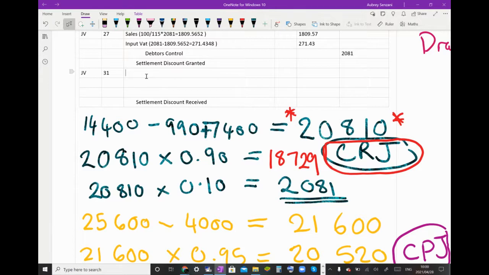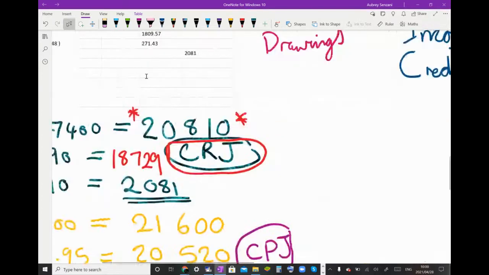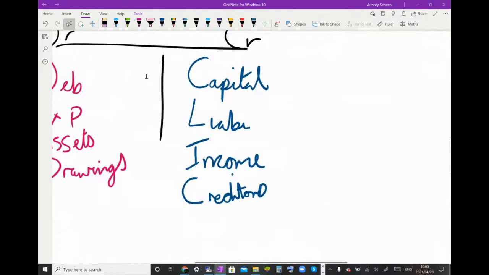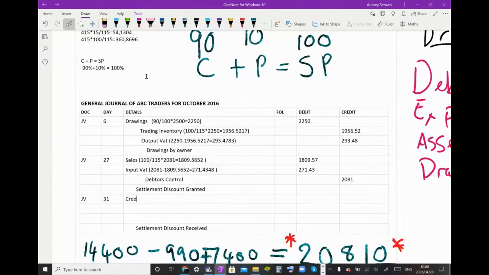So then we say to ourselves, what's happening with creditors control? Creditors control is going down. Since it's going down, what we need to do to creditors control is to debit it. Then we know that output VAT is a current asset or liability?